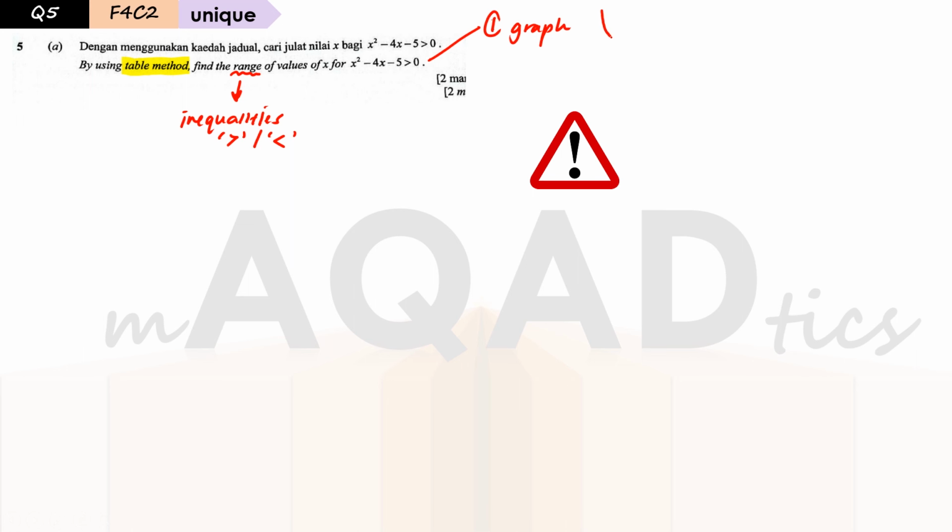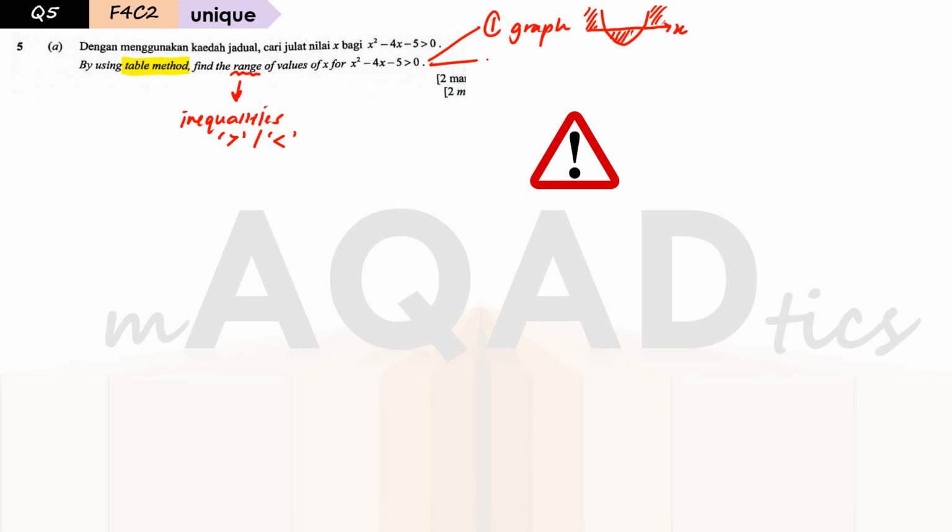We draw a curve here, and then we draw an x-axis, and from the condition of the quadratic inequality, we see which are the regions that satisfy the criteria. It's either these two sides or the region between them, and we can find out the answer. So this is the graph method.